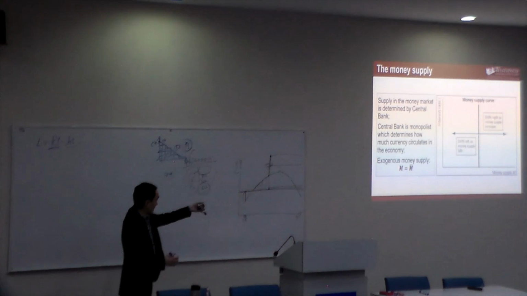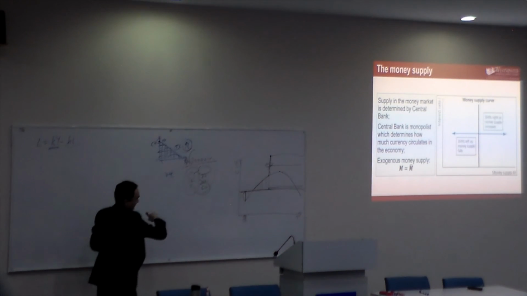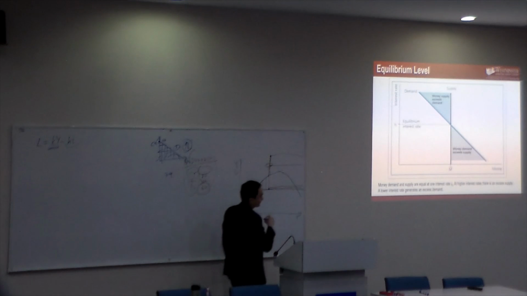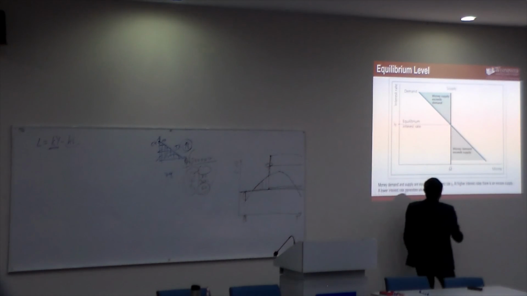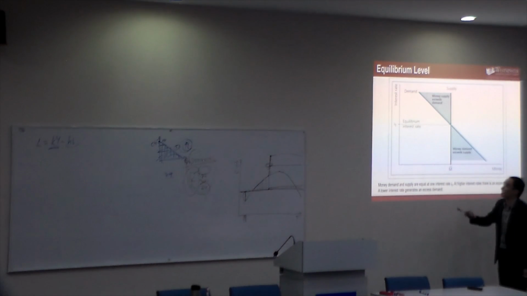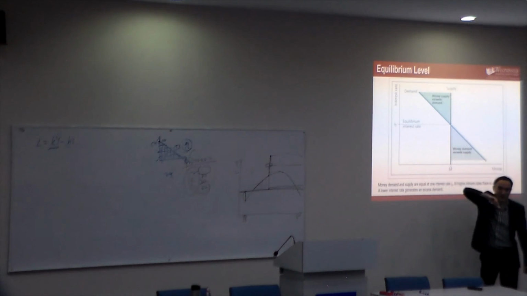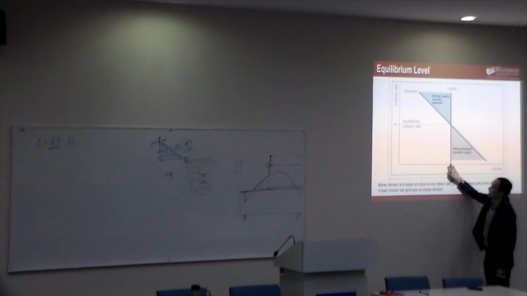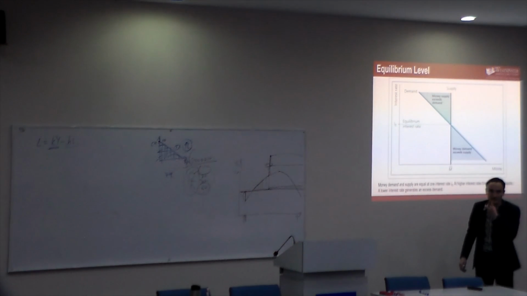Money supply and now demand and supply. So what is important for us is this equilibrium point, right? With a given money supply, what is going to be the demand in the economy?